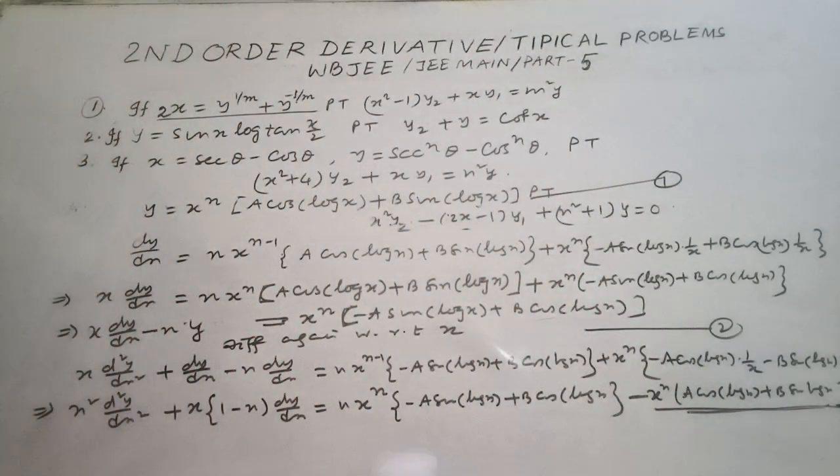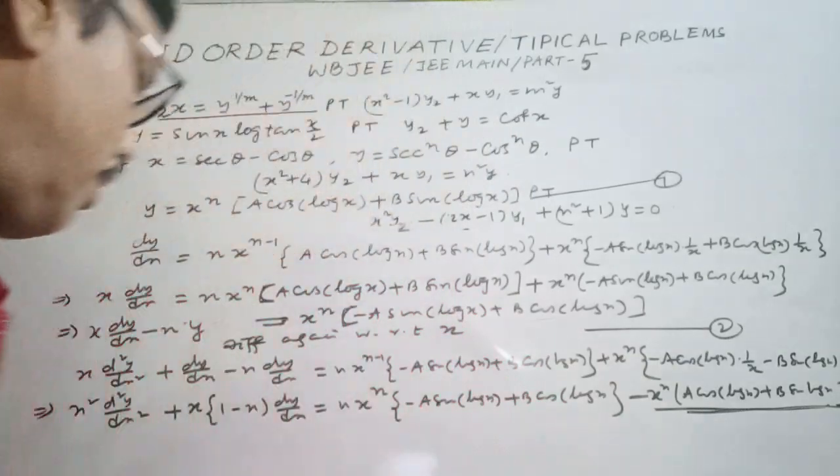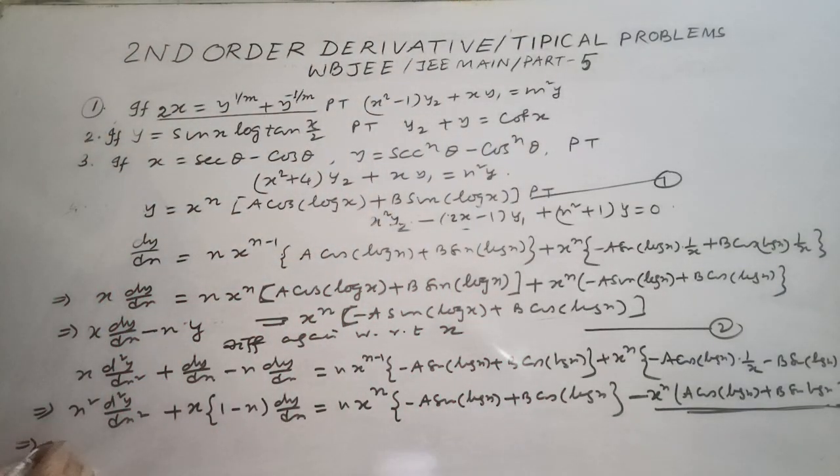And from 2, you know what is 2? x dy/dx minus ny equals x to the power n into minus a sin log x plus b cos log x. So try to use relation 1 and 2 here. We are getting x square into d2y/dx2 plus x into (1 minus n) dy/dx plus n as it is.